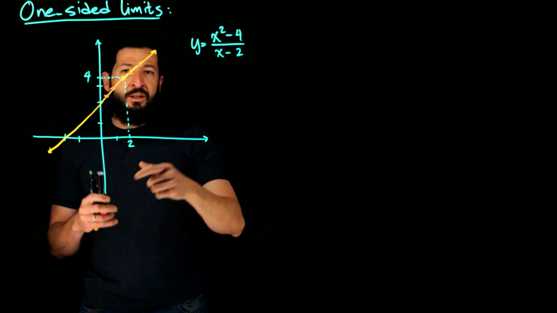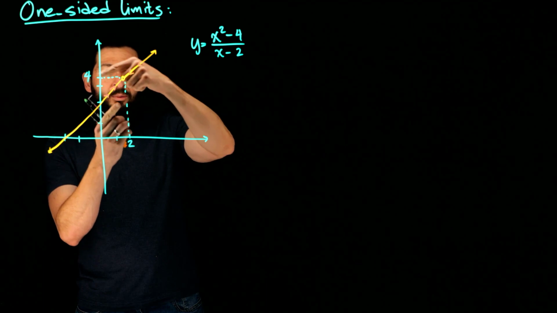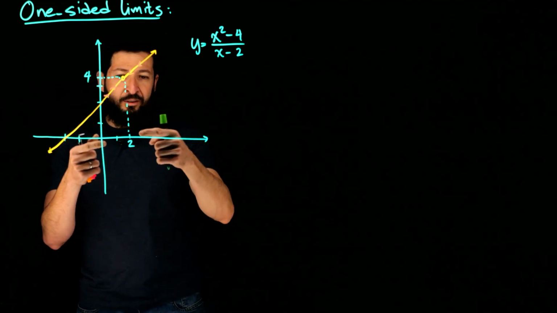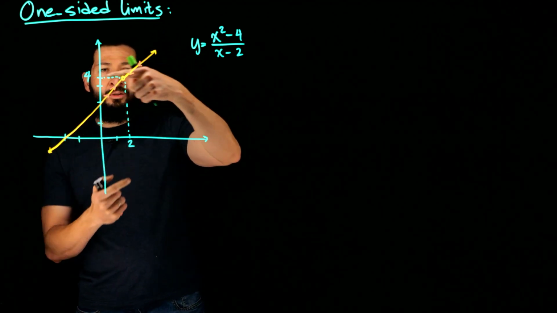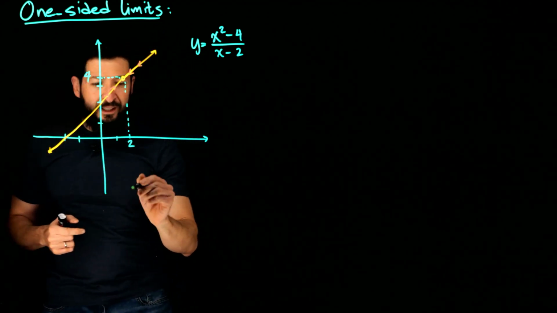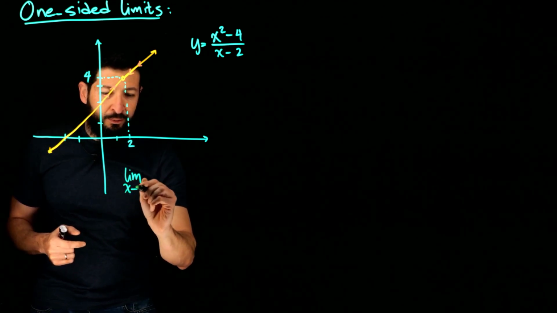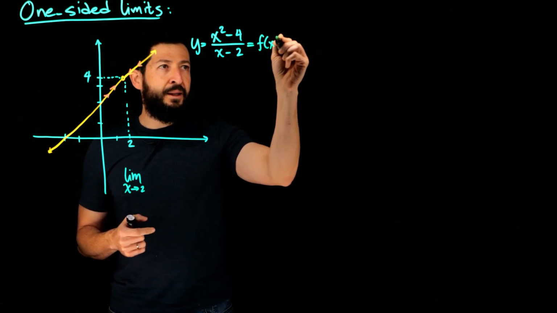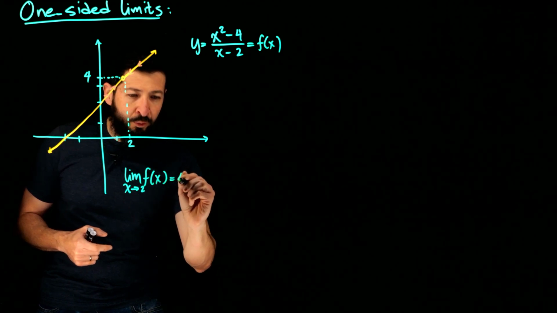As you approach x equals 2 from both sides, you're going to go to y equals 4. As x approaches 2, y approaches 4. So that's what we said, that the limit as x goes to 2 of this function, let's call it f of x again, we said that this limit is 4.